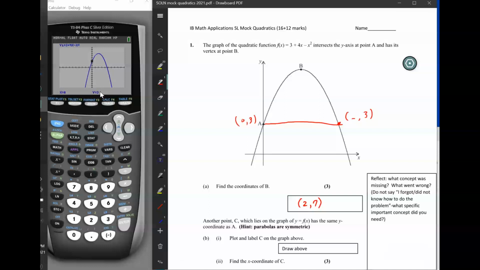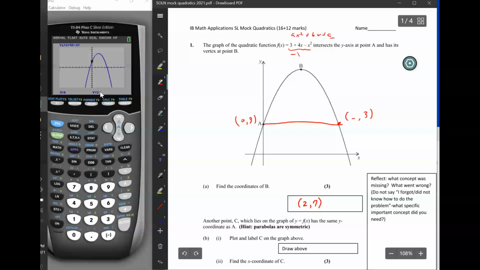Another way you could figure out what the y-intercept is, remember that if we put this function in the form ax squared plus bx plus c, then c is the y-intercept. Now, is this in ax squared plus bx plus c form? No, because the ax squared is at the end.